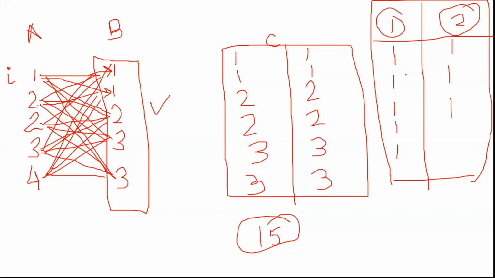See, it is very simple to calculate. There are 5 elements in table number 1, and there are 3 elements in table number 2. All are the same, so just multiply them: 5 into 3 must be the number of combinations. Because there are 3 common combinations for each of these elements, so 3 combinations for each of them gives you 15.